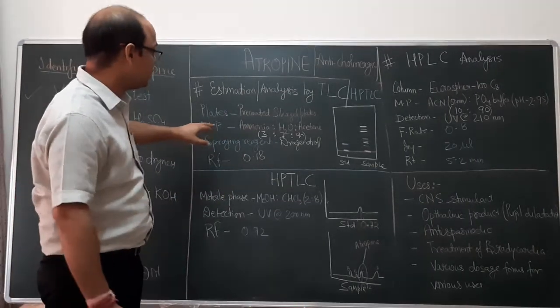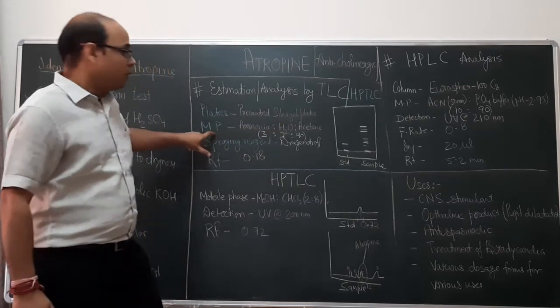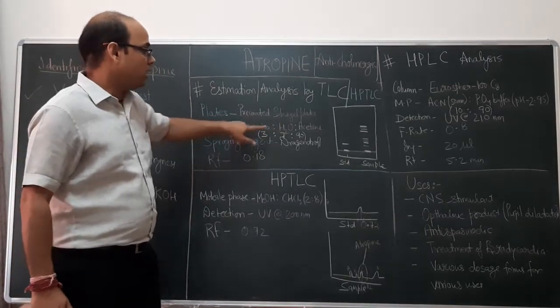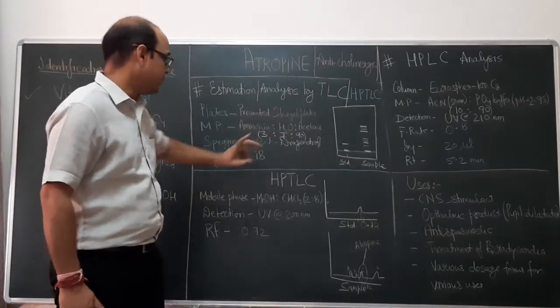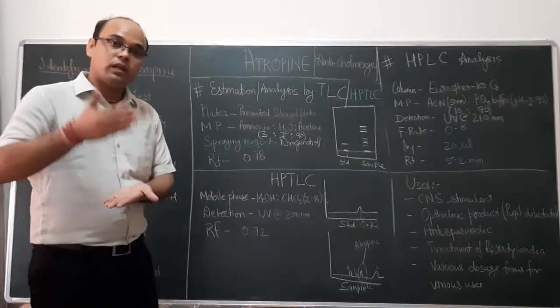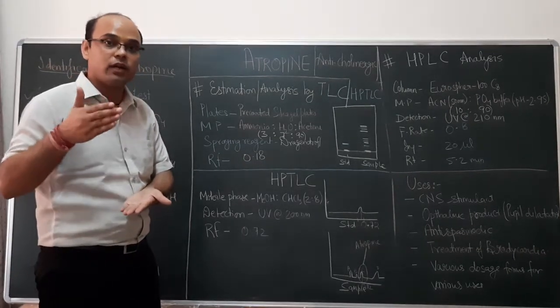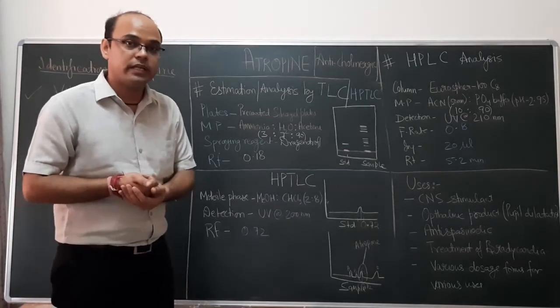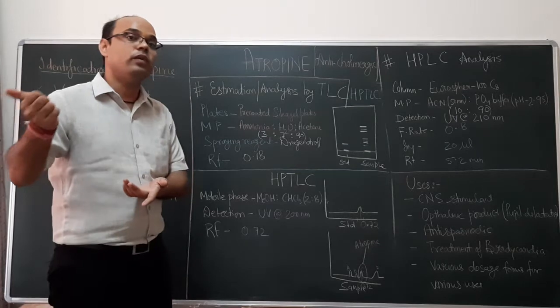For TLC analysis, we have used pre-coated silica gel plates. The mobile phase we have used is ammonia, water and acetone in a combination of 3, 7 and 90. After development of the plate, we have sprayed the plate after drying with Dragendorff's reagent, and Dragendorff's reagent is well known for detection of tropane alkaloids and other classes of alkaloids.